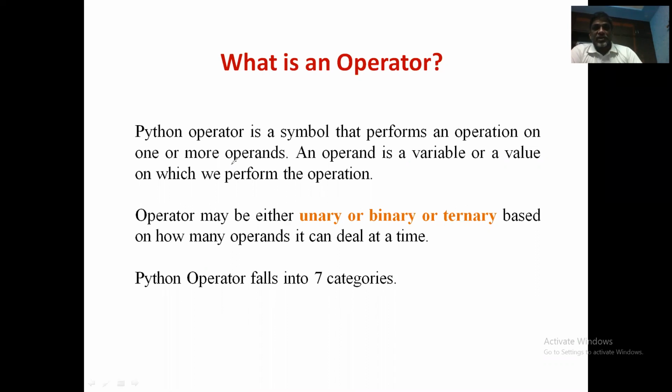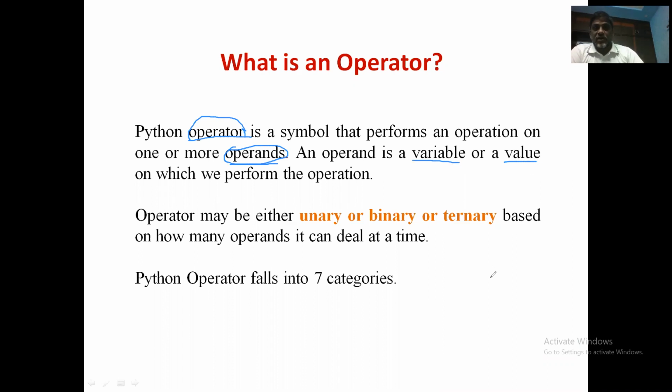You should know the difference between operand and operator. The operator is the symbol that performs a certain kind of operation on these operands. Generally, operands are going to be either variables or values on which we actually perform the operation.